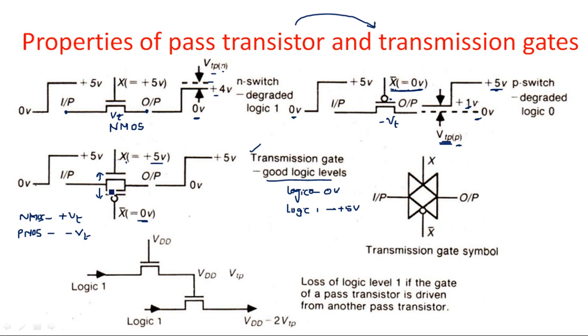But when you combine these two, at the output you have the addition of these two. That means if you say logic 5 volts, that makes 5 minus the threshold voltage of the NMOS transistor, plus, this plus means minus of, we can write like this.